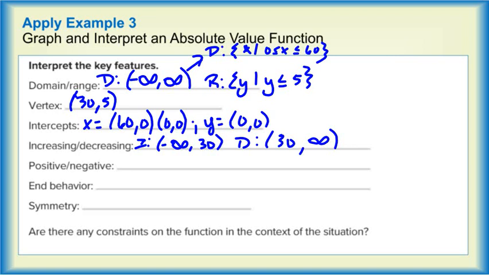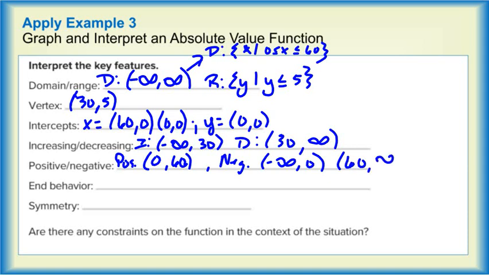Then it's positive. For this one, we would say it's positive when it's between 0 and 60, and it's negative, if we were to continue that, from negative infinity to 0, and from 60 to positive infinity.